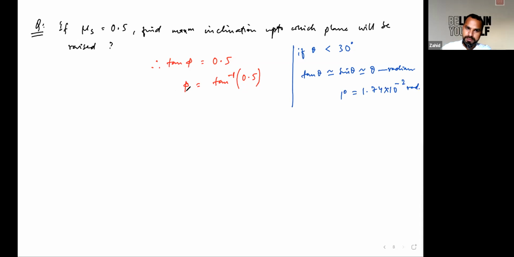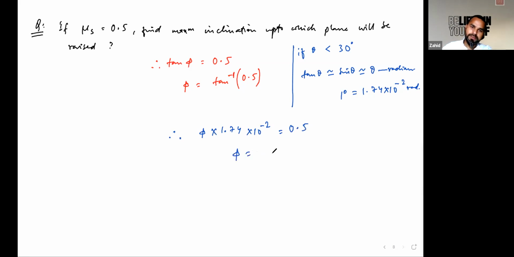So if this angle is in degrees, multiplying it by this amount gives radians, which must equal this value. Therefore 5 into 1.74 into 10 raised to minus 2 equals 0.5.